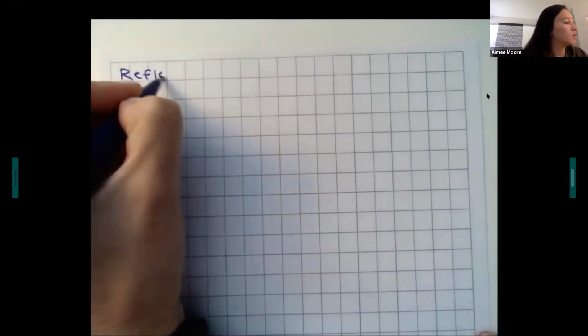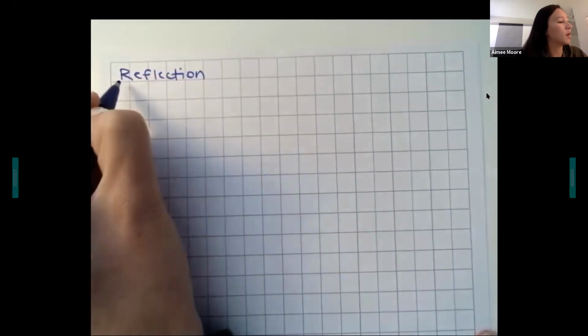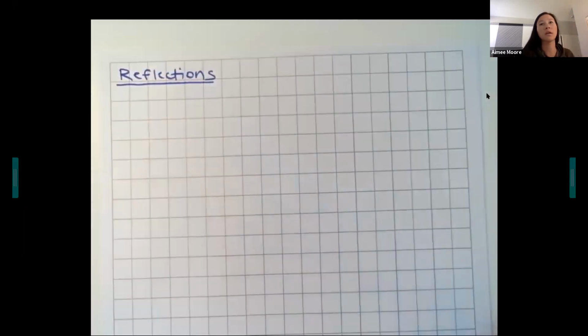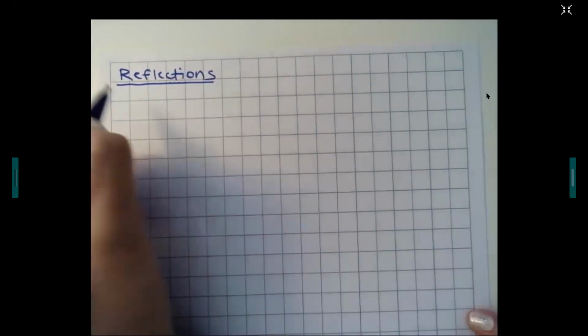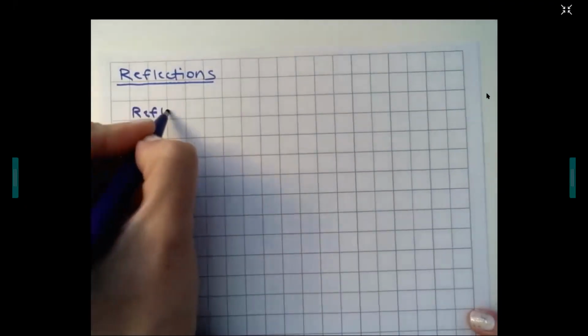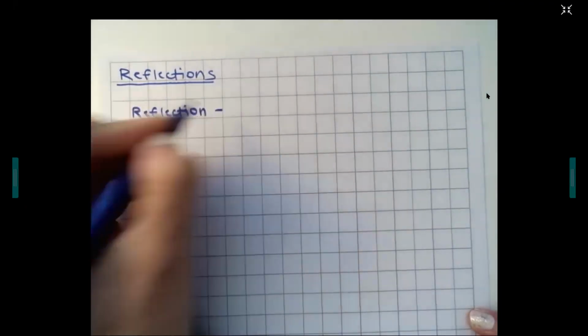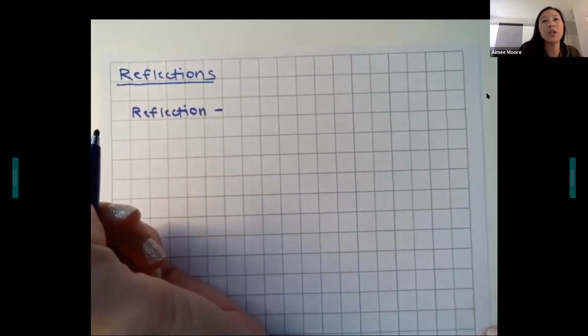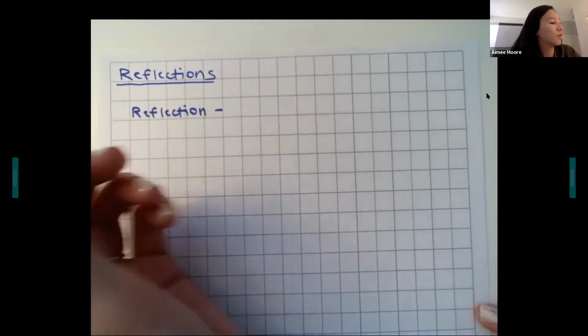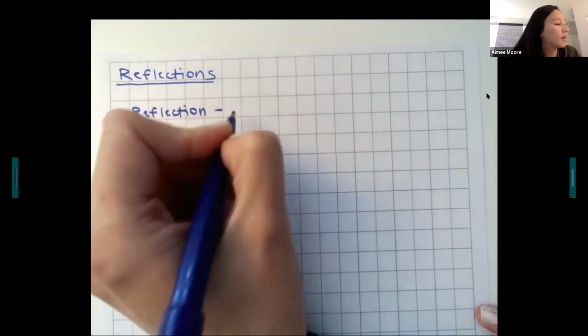So the first transformation we're going to talk about is reflections. A reflection is a transformation that flips a figure across a line.